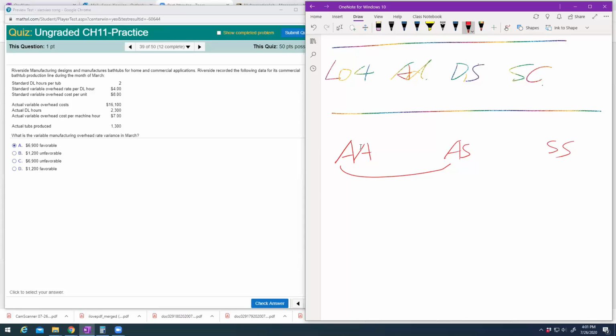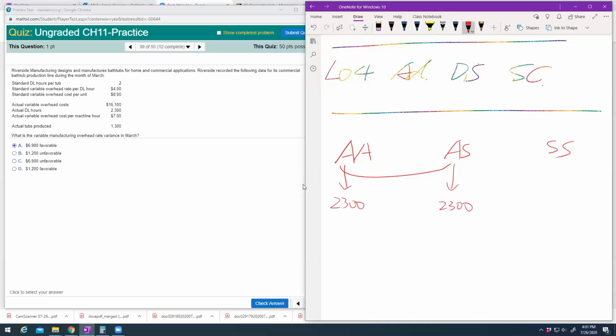this one is allocating the variable manufacturing overhead based on direct labor, right? Based on direct labor. So our actual direct labor hours are 2,300. I said, do me a favor, when you put the 2,300 here, put 2,300 here.